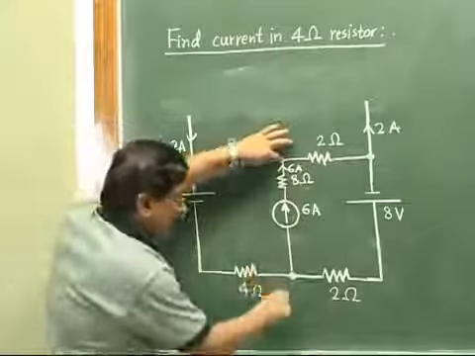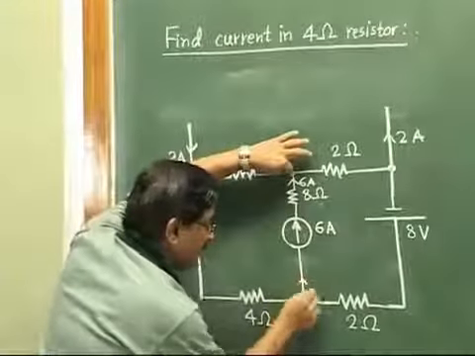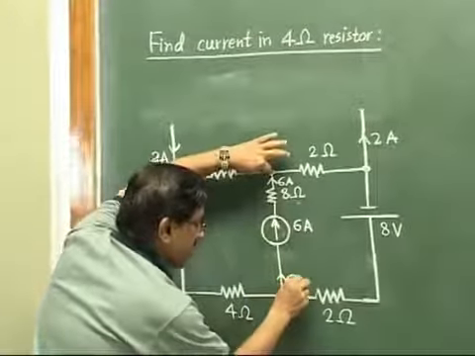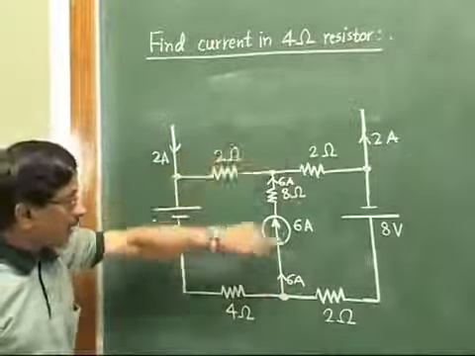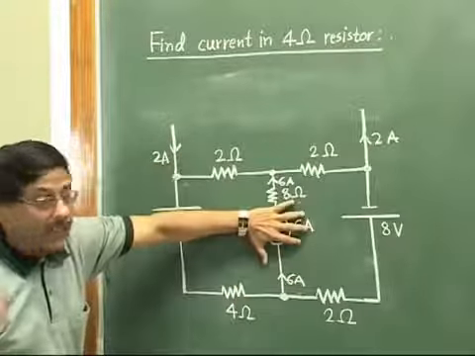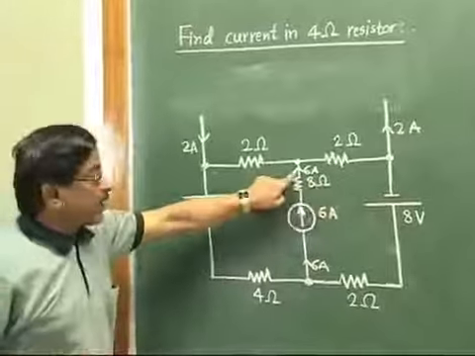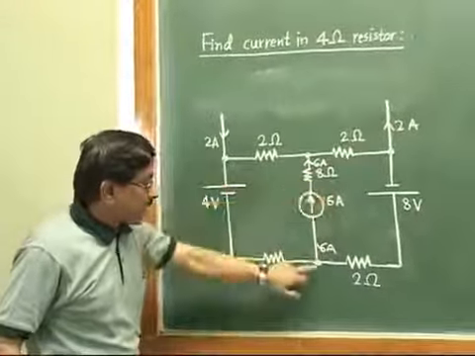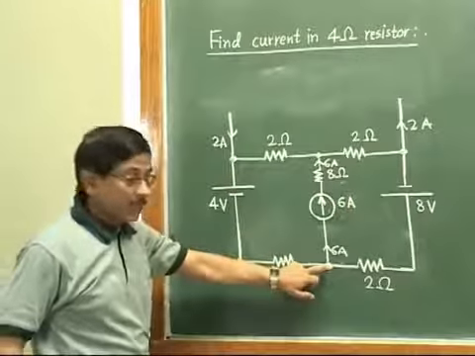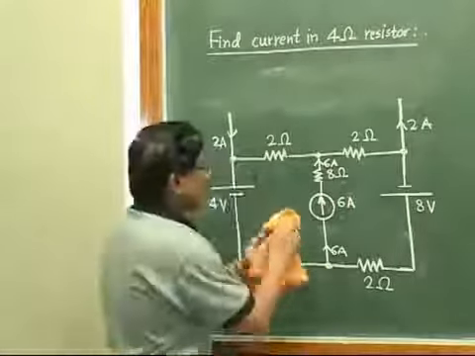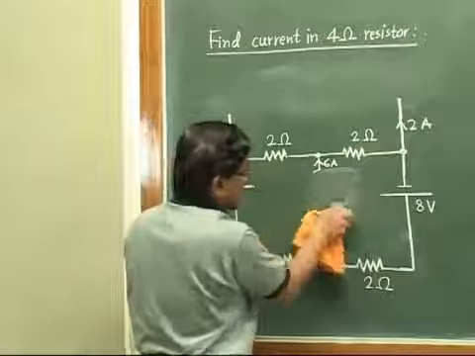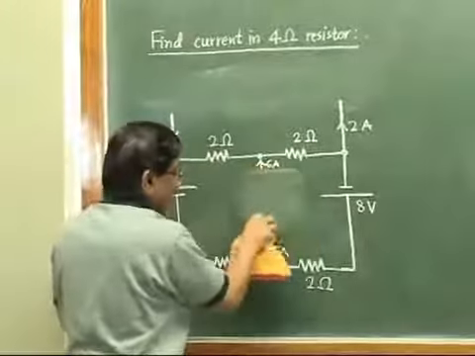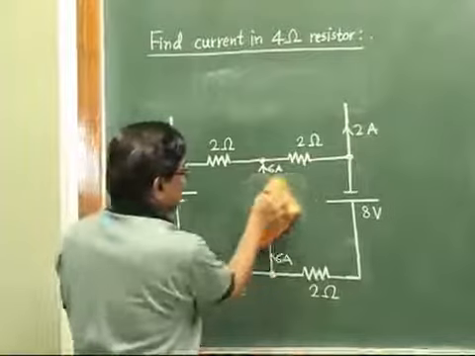Also it means that a current of 6 ampere is taken from this node. That is the only meaning. So this entire branch will provide a current of 6 ampere at this node, or this entire branch will take a current of 6 ampere from this node. And once we do that, again we just remove the things and keep the points just hanging like this.